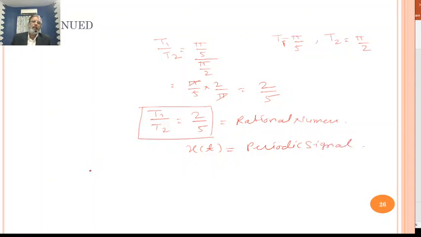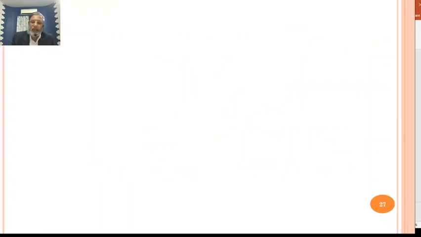Now the second step: find out the period. The period for x of t is the LCM of T1 and T2. But here T1 and T2 are not integer numbers. Hence we have to convert them into integer numbers, and then we will find out the LCM.